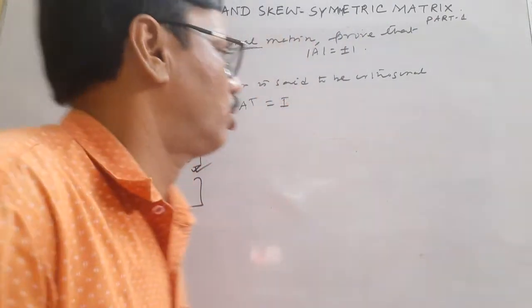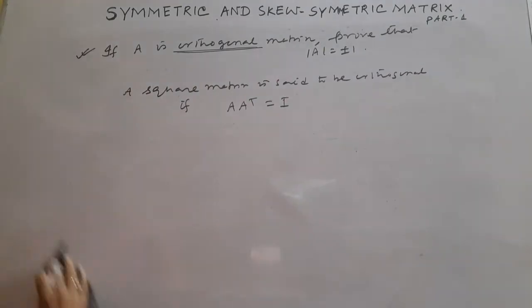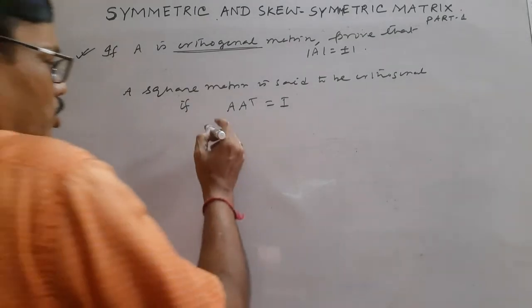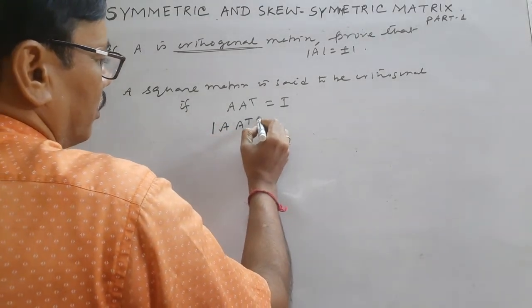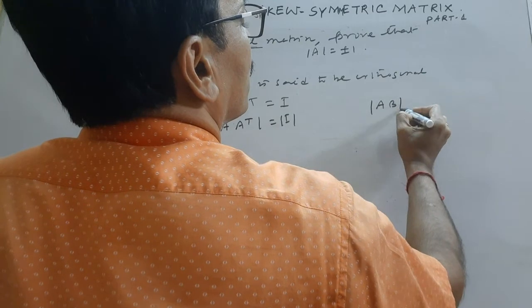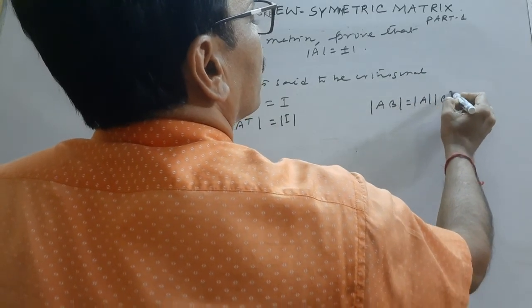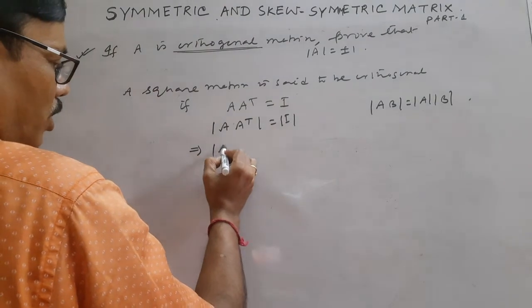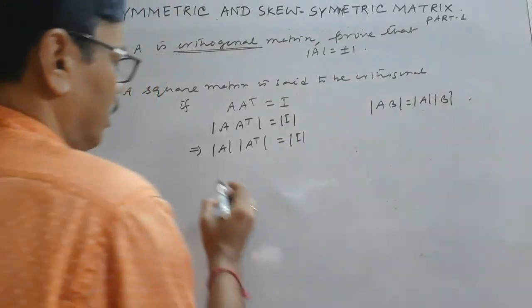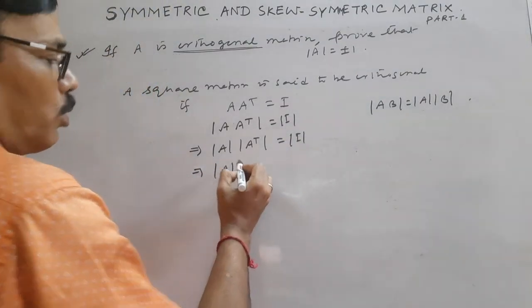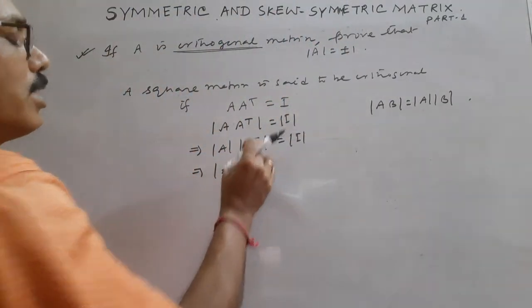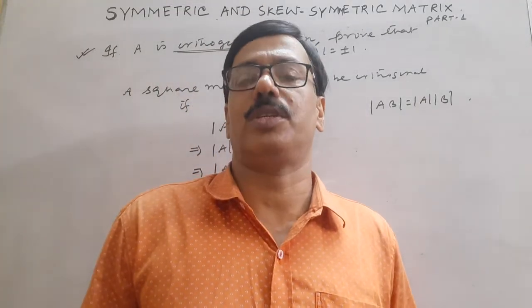Now we will go to the theorem. Orthogonal, so A into A transpose equals I. Taking determinant on both sides, determinant of I. Using the theorem determinant of AB equals determinant A into determinant B, we can write determinant A into determinant A transpose equals determinant I. Now the determinant of A transpose is obtained by changing rows into columns.